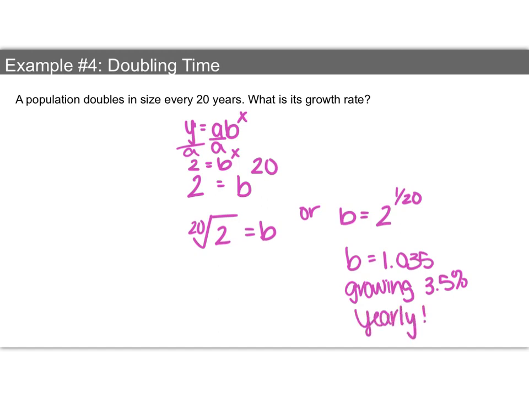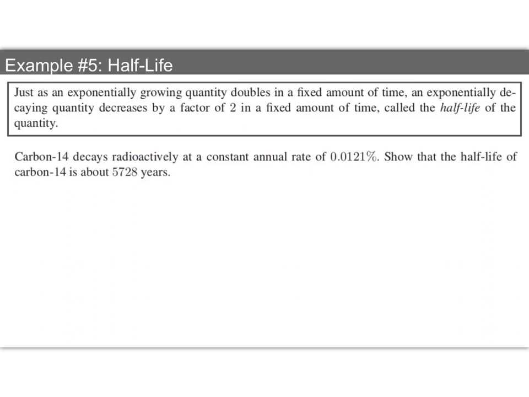Okay, let's look at an example. So similarly to the idea that you can have a doubling time, you can also have a half-life or a decaying time. And half-life is actually how they do a lot of carbon dating, where they're looking at the decay of carbon over time.